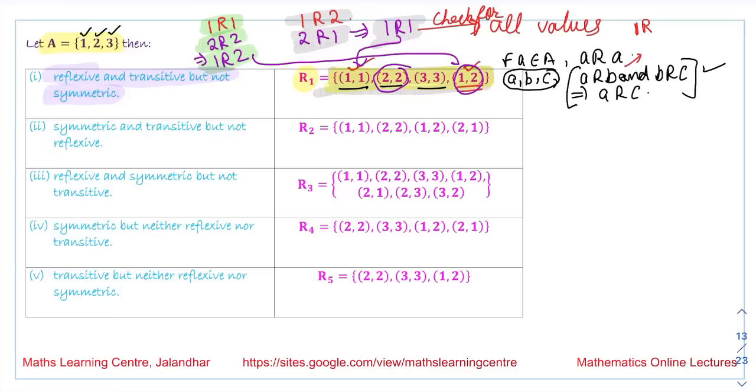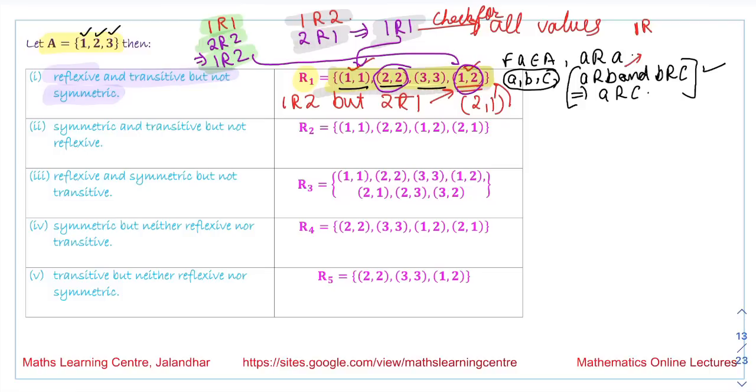Next, this relation is not a symmetric relation because we can see that 1 is related to 2 but 2 is not related to 1. That is, there is no element (2, 1) over here. So this is an example of a relation which is reflexive and transitive but not symmetric.